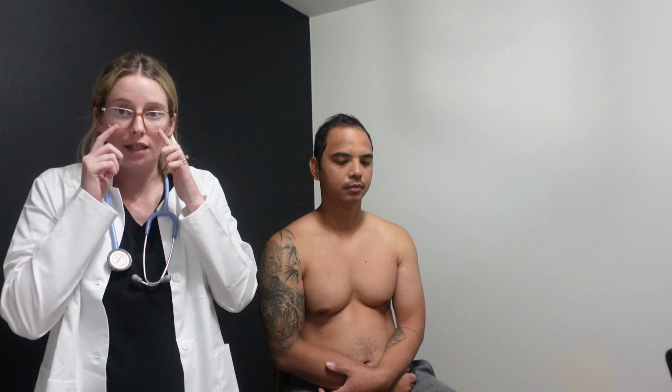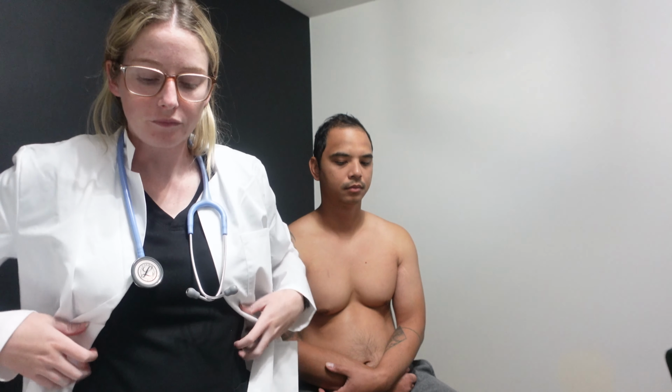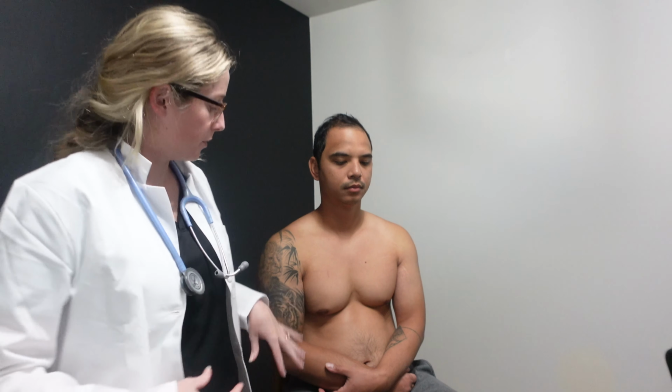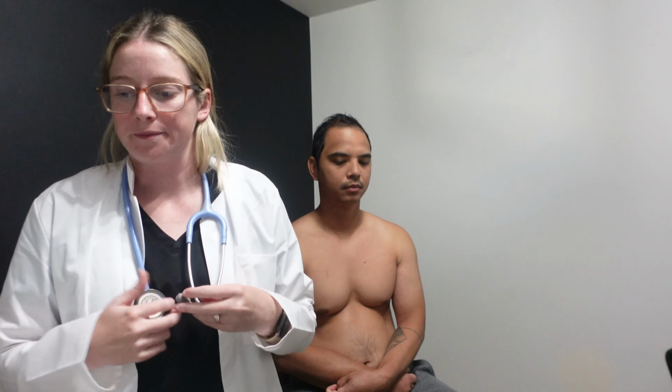Are his nostrils flaring, showing that he's having difficulty getting air into his lungs? Is he using any of his intercostal muscles, where you see his ribs move up and down when he's breathing? It could be a sign of respiratory distress, as could pursed lip breathing, where his lips are pursed to get the air in.